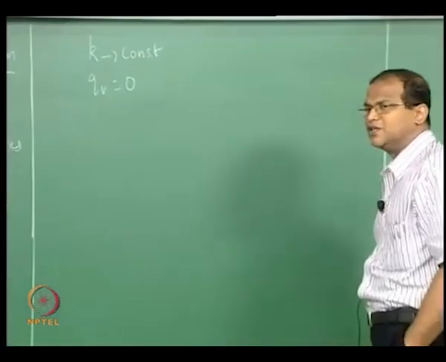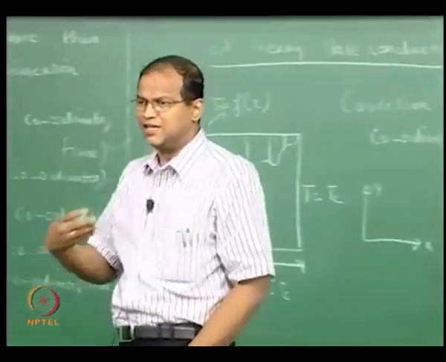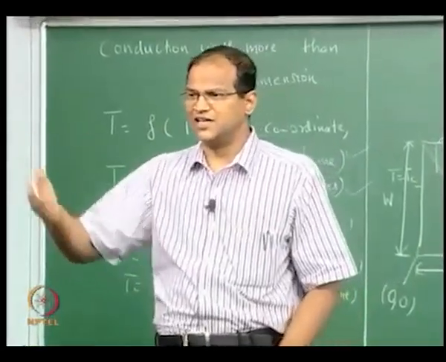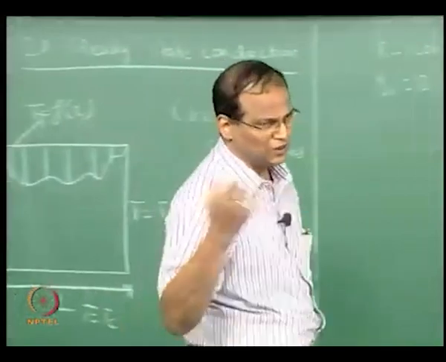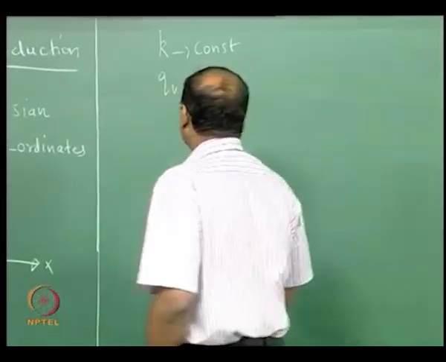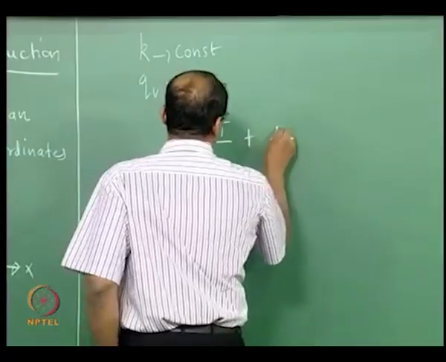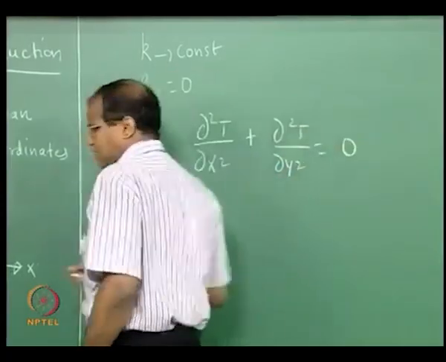So the governing equation for this problem, which we have derived in an earlier class where we looked at the general three dimensional heat conduction equation, you can remove unnecessary terms, that is it is steady state, therefore the unsteady term goes, the heat generation term goes, the body is stationary, you can remove all those terms. So you will be left with this, which is called the Laplace equation.